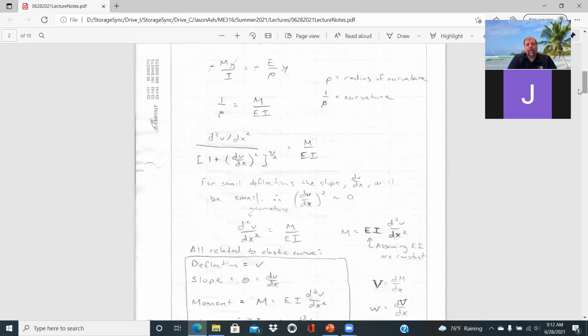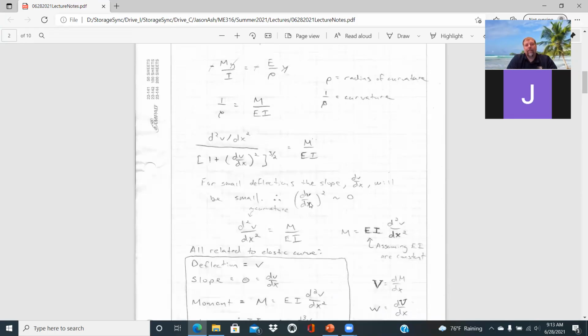And typically with beams, we really don't want those to deflect large distances. And so deflections are going to be small. If you think about bridges, buildings, things like that, bad things happen when deflections become really large. And so we're looking at small deflections. And so the dv dx will be small in that regard.